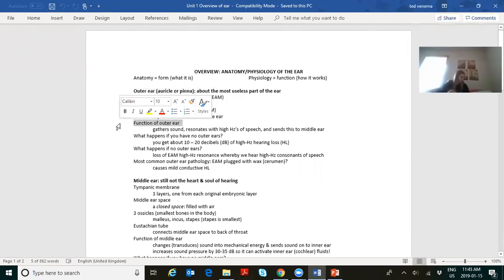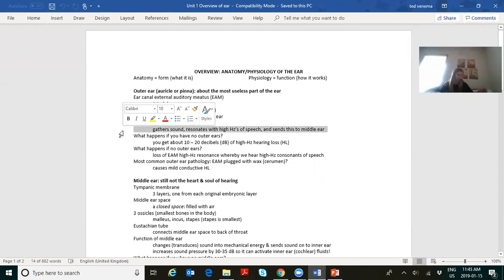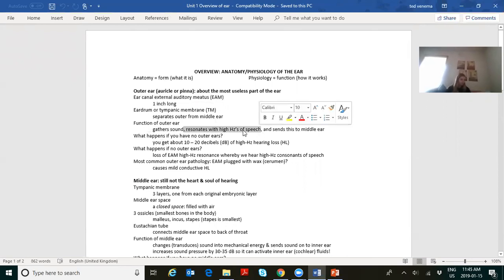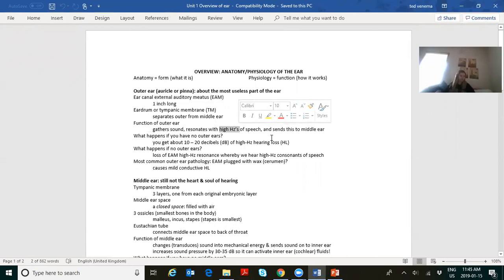And the function of your outer ear is to gather sound, but look what else it does. It resonates with the high frequencies of speech. Remember in acoustics today, hertz, big H, little z? So when you see high frequencies, think treble, high-pitched sounds of speech. And it sends this to the middle ear. Now, what do we mean by resonate?